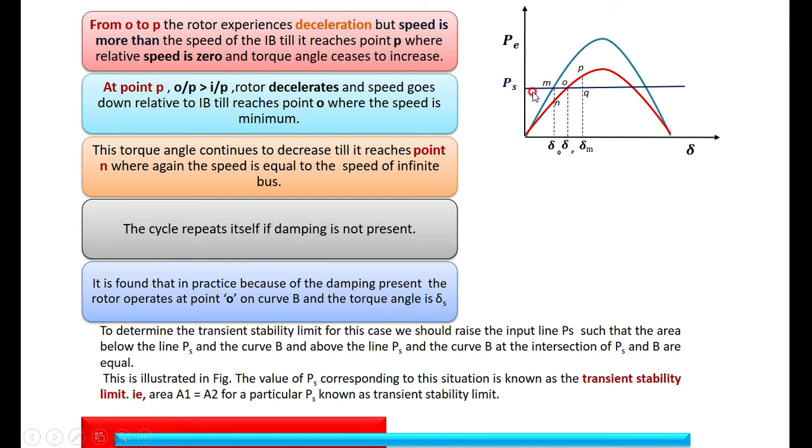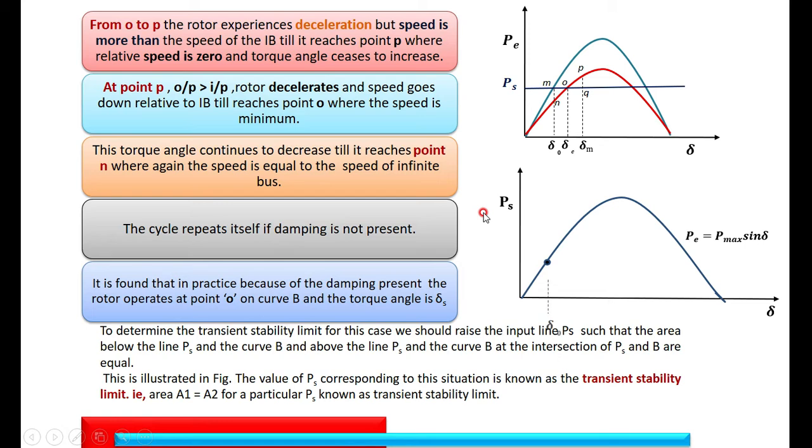Now suppose the situation arises such that this is the operating point from before, but the input is very large, so that you can see here the area A1 is just equal to area A2. Area A1 is equal to A2.